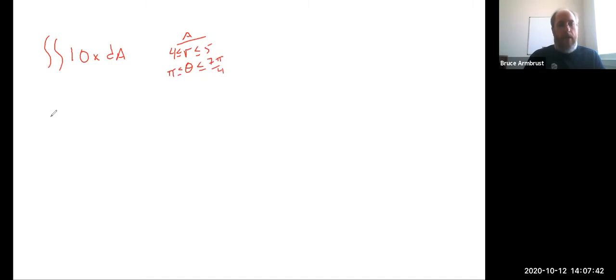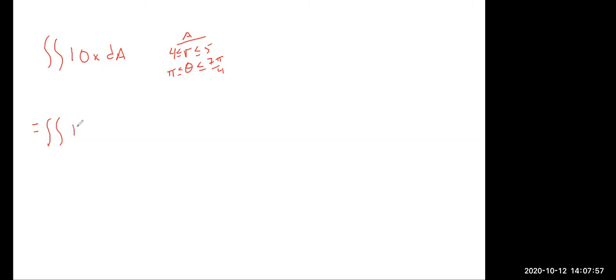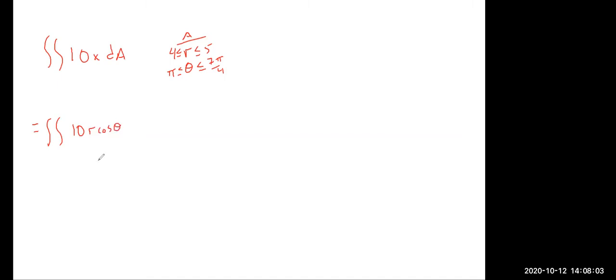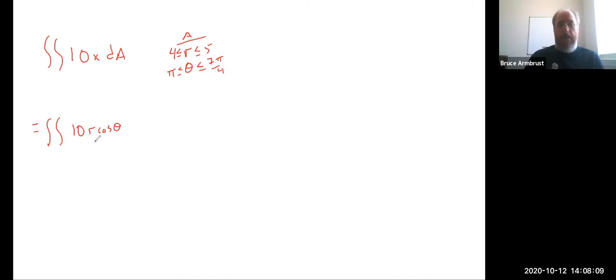All right, the very first thing I'm going to do has nothing to do with bounds, it has everything to do with the function. Let's convert that function. So 10x, what's that going to be in polar? x is equal to r cosine theta, so it's 10 r cosine theta.